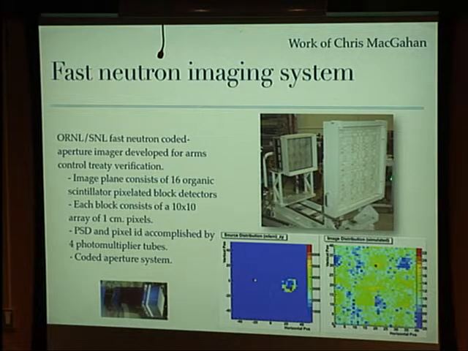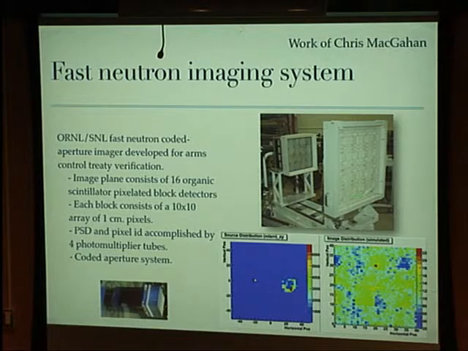As a gamma ray or a neutron enters this system, it interacts with the scintillation crystal and generates an event. You can use the signals to do pulse shape discrimination, so we can determine whether it was a gamma ray or a neutron that interacted. We can also use that information to identify which crystal the interaction took place in.